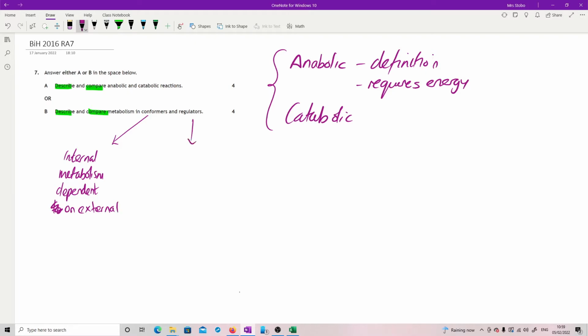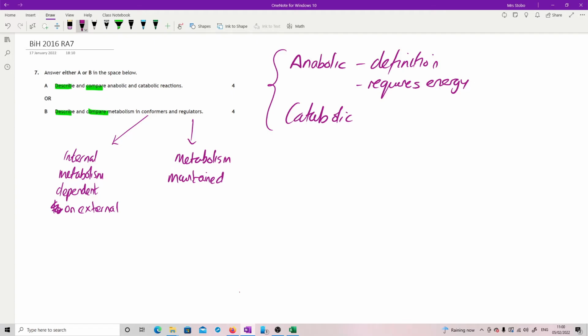And for the regulators, you want to say that the metabolism is maintained regardless of external. Okay, and that gives you 2 marks.